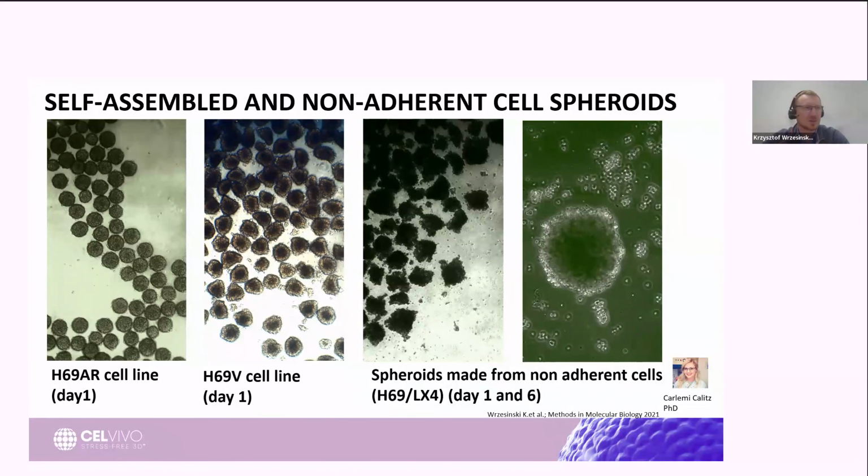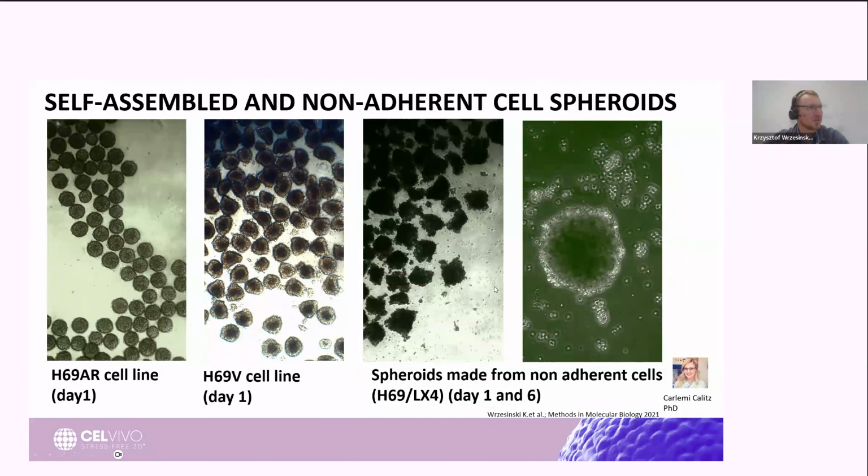Uniform spheroids can be created from many different cell types. Here we have pictures showing a population of spheroids created from an immortal cell line, a small cell lung cancer cell line.